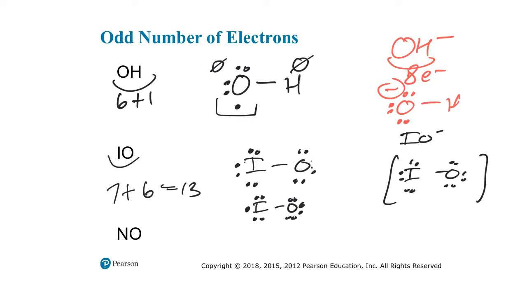In the first example, oxygen's formal charge would be 6 minus 6 for 0 formal charge. Iodine's formal charge would be 7 minus 7 for 0. And then in the lower case, we'd have a positive formal charge on iodine, 7 minus 6, and a negative formal charge on the oxygen.